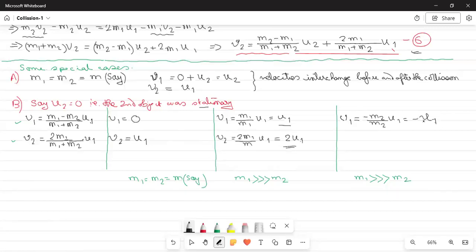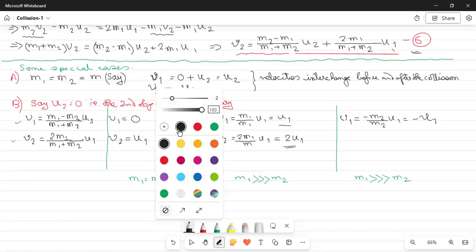That is why if you take a rubber ball and throw it to a wall, and if the ball is perfectly elastic, then it will rebound back to you with the same velocity. But as I said, nothing is perfectly elastic, so it rebounds back with a little less velocity.